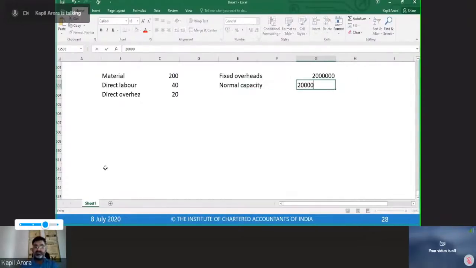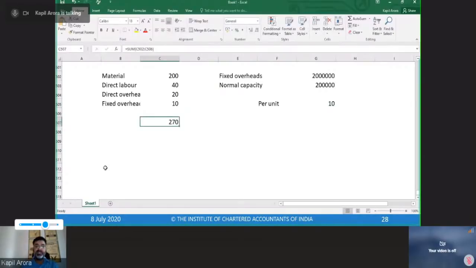So my per unit cost is based on this divided by this. So my fixed overheads, which will get allocated, are rupees 10 only.